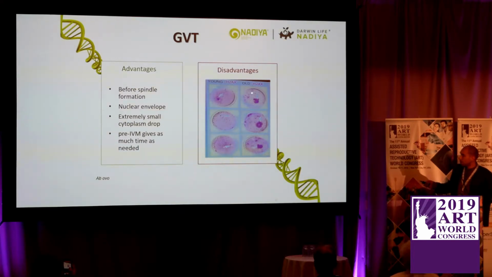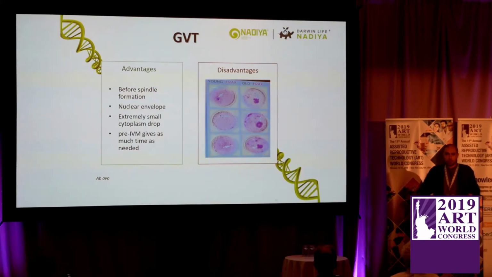But for the old, AMA, advanced maternal aged patient, we can see that the damage in DNA is already huge. So it means that for such a patient, probably the GVT is too late. We need to go a step before GVT, a step before GV.